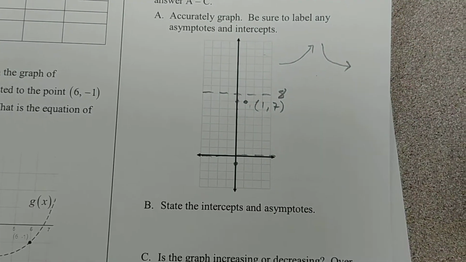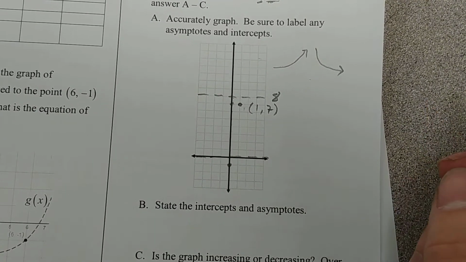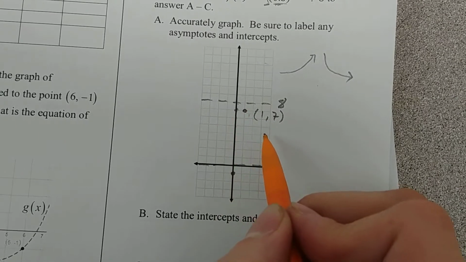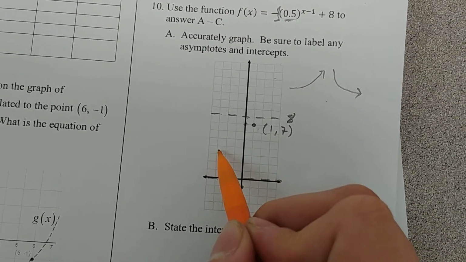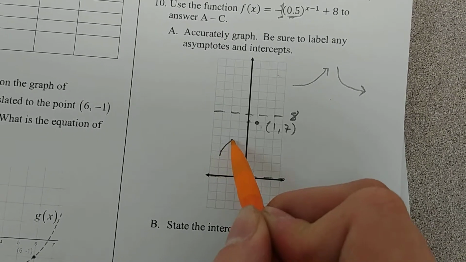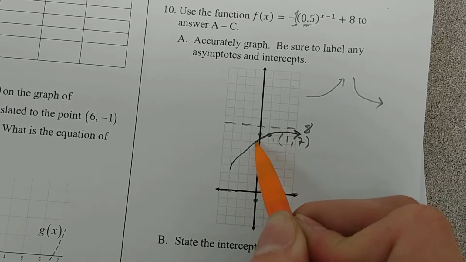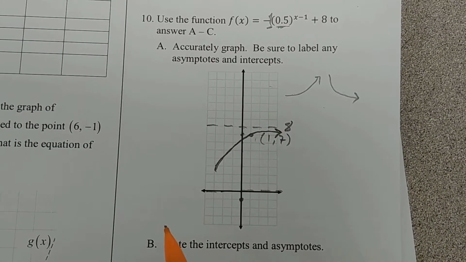All right, also remember that this is a decay problem, but it's negative. So growth would be like this. It's now decay, which has to be like this. How did I know?